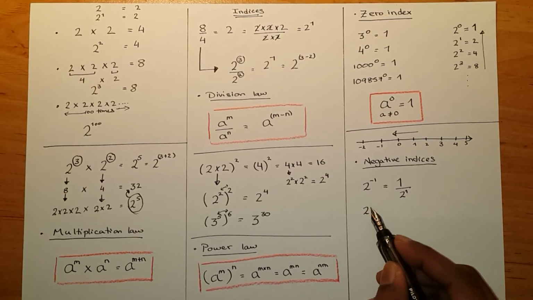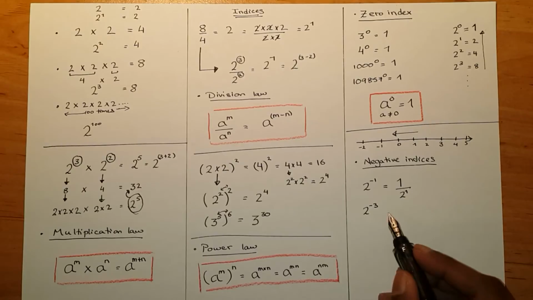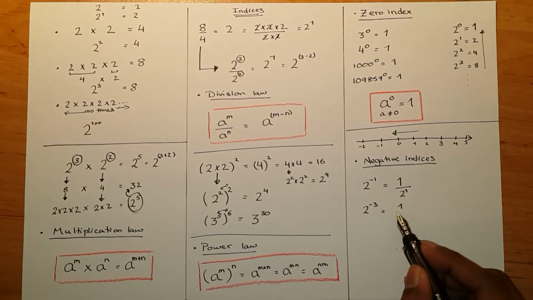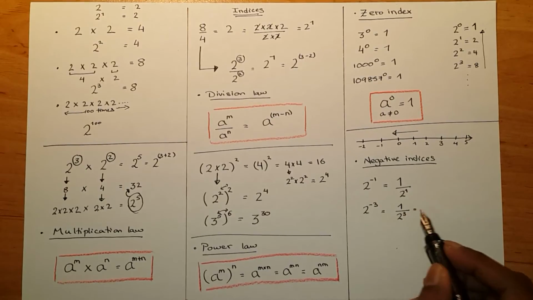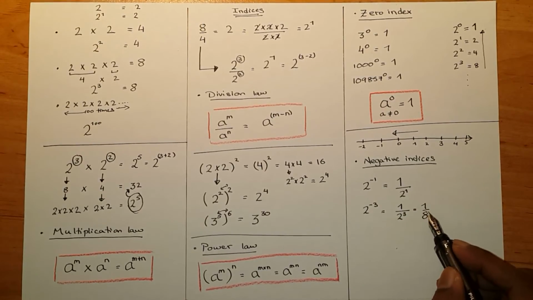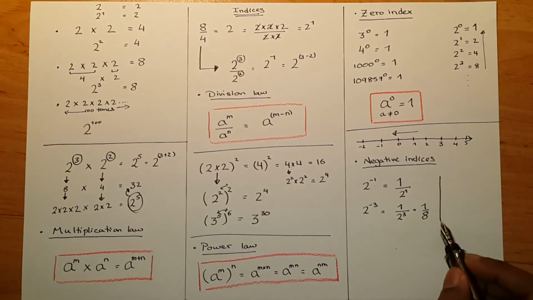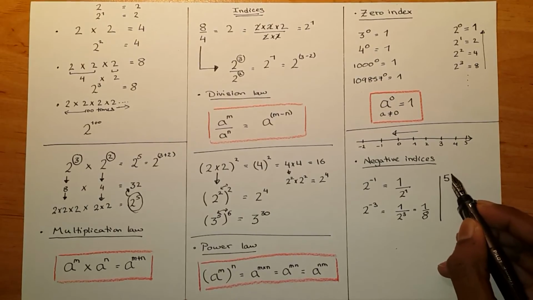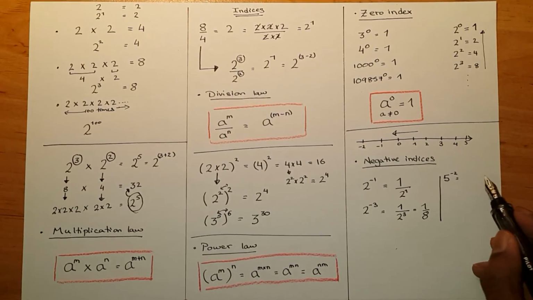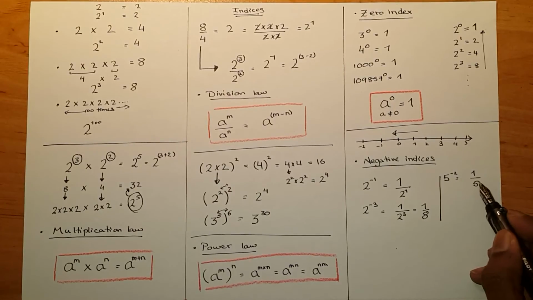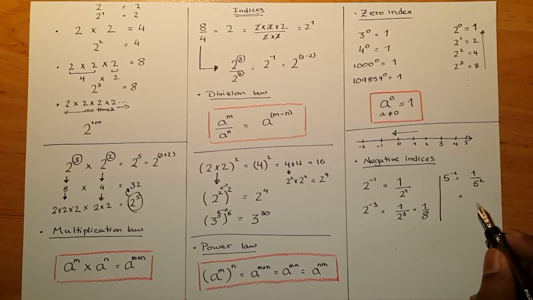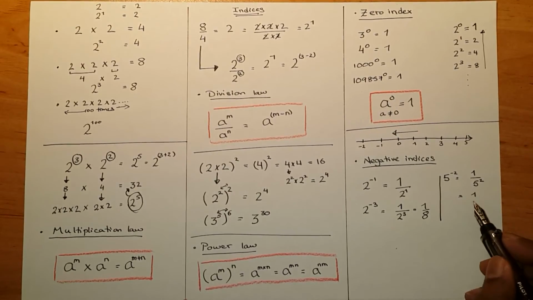The same thing for 2 to the power of minus 3 equals 1 over 2 to the power of 3, which makes us 1/8. The same thing is true for 5 to the power of minus 2 equals 1 over 5 squared, which makes us 1 over 25.